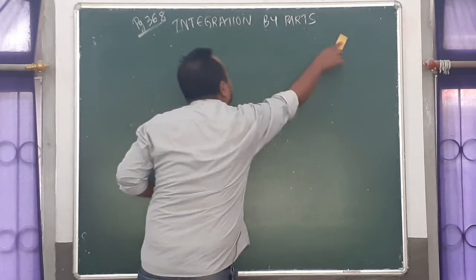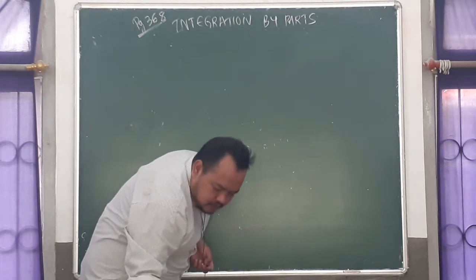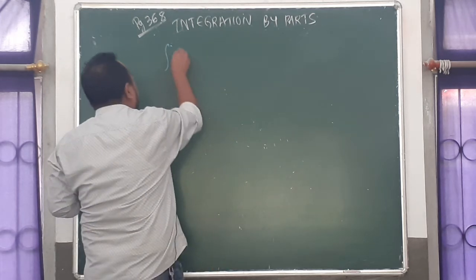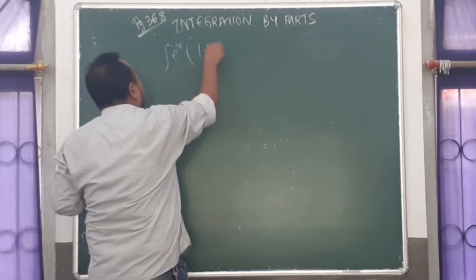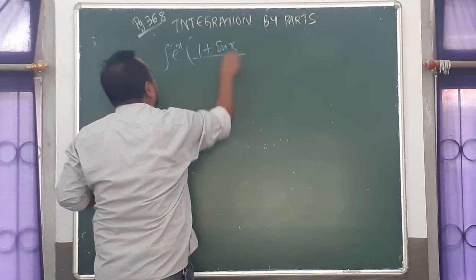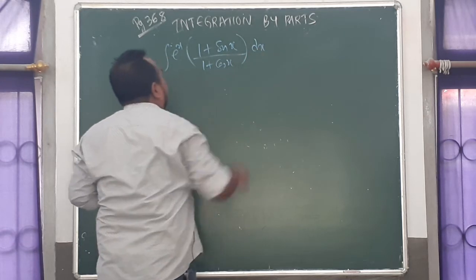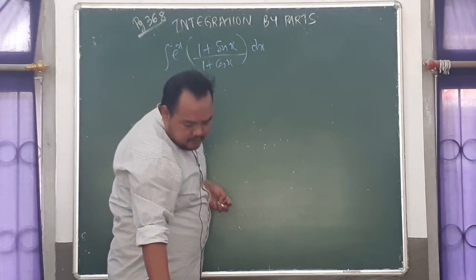The question is: integration of e to the power x, open bracket, 1 plus sin x divided by 1 plus cos x, dx.